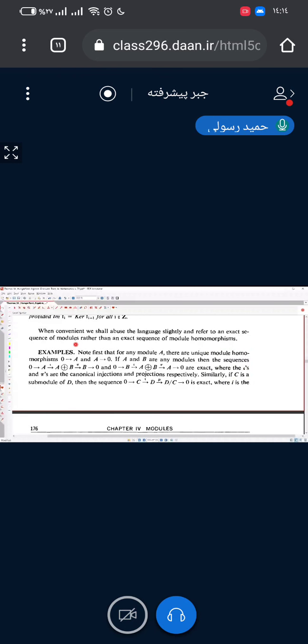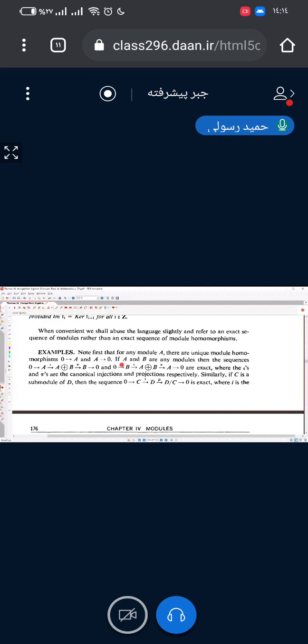Here are some examples. Note first that for any module A, there are unique module homomorphisms 0 to A and A to 0. 0 to A is unique because it only sends 0 to 0, and A to 0 is unique because it maps any element of A to 0.